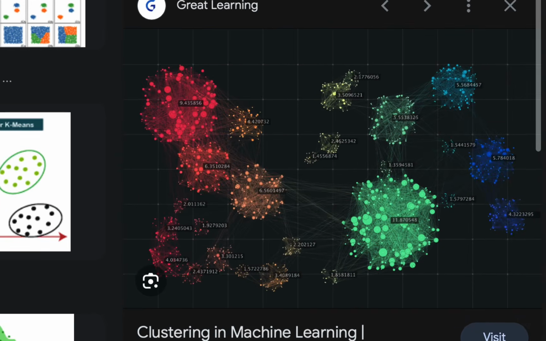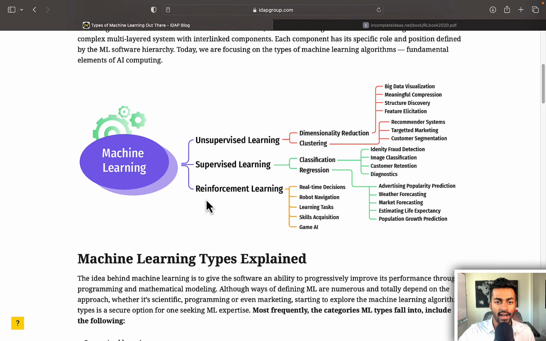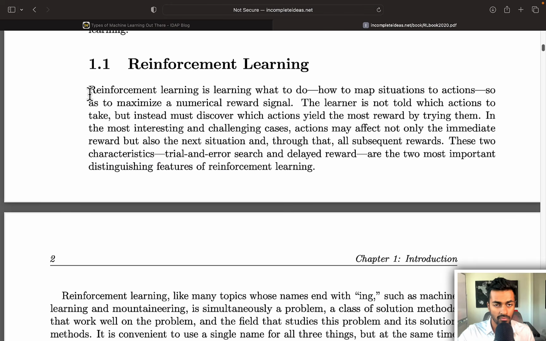Then in unsupervised learning, we have data, but we don't have the labels. And this is primarily used to understand patterns within data, primarily used in clustering and dimensionality reduction. And then we have reinforcement learning. Reinforcement learning is learning what to do, that is how to map situations to actions so as to maximize a numerical reward signal.